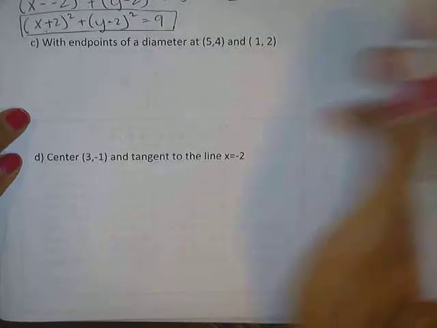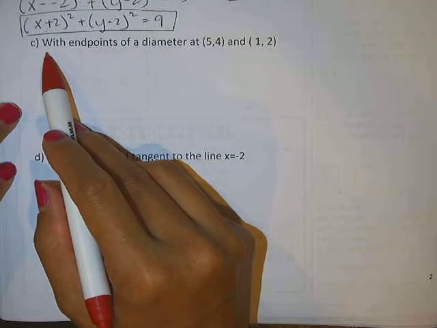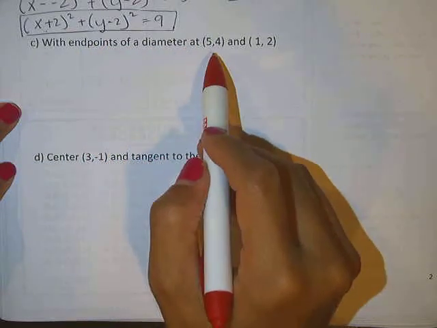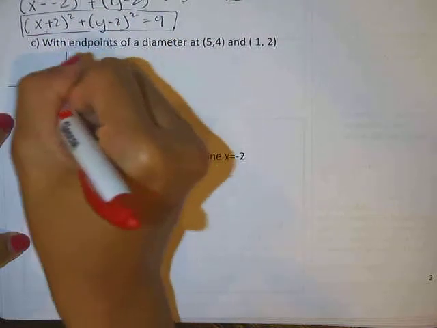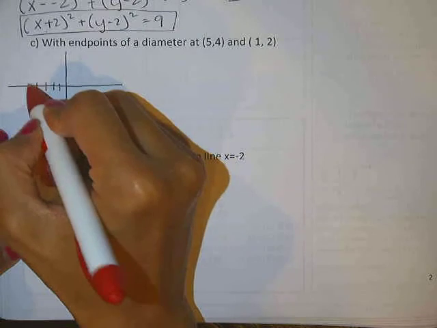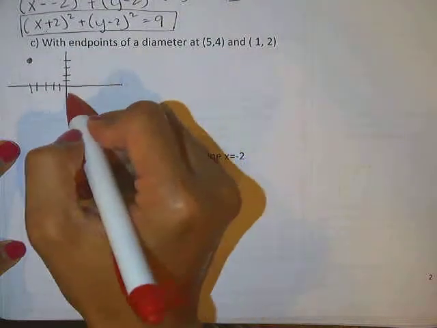Part C, find an equation of the circle in standard form with endpoints of the diameter at these two locations. As a visual learner, I'm just going to plot this out. I have 5, 4. Oh, you know what I just did?